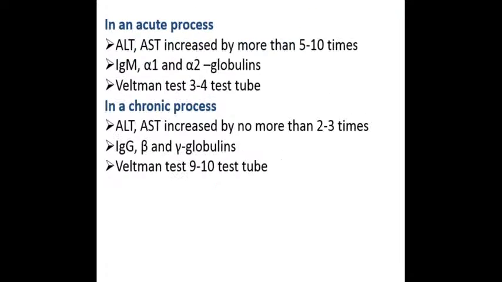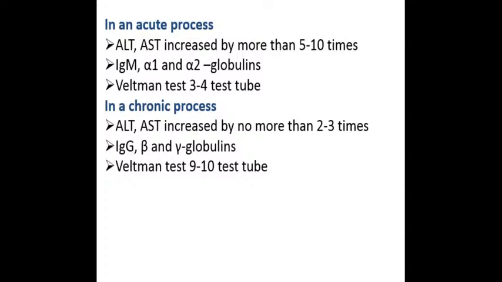And you must remember, if the patient has an acute process, transaminase increases more than 5 or 10 times, and also immunoglobulin M and alpha-1 and alpha-2 globulins increase. And Weltman test, 3 or 4 test tube.